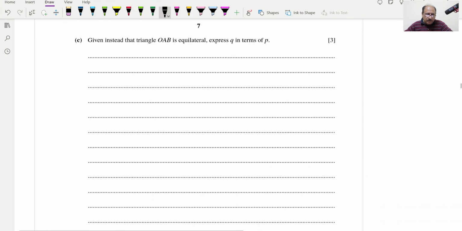Now C part says, given instead that the triangle OAB is equilateral, express p in terms of q. So now we can draw the diagram.